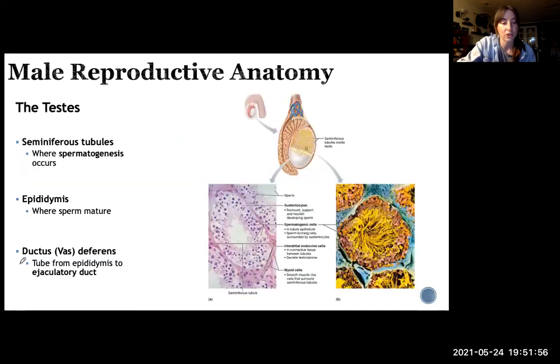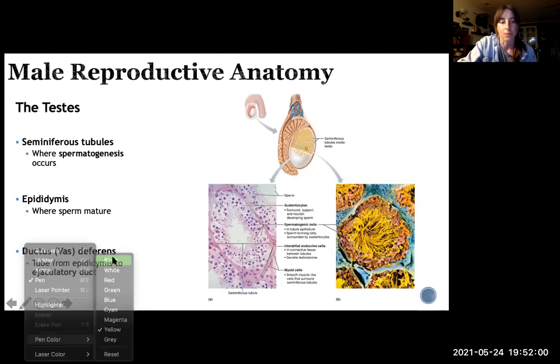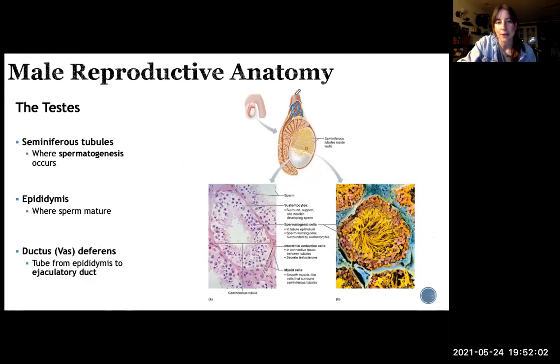Let's take a closer look at the testis, okay? So in each testis, within the scrotum, you have two main structures. You have the testis proper, where spermatogenesis happens.